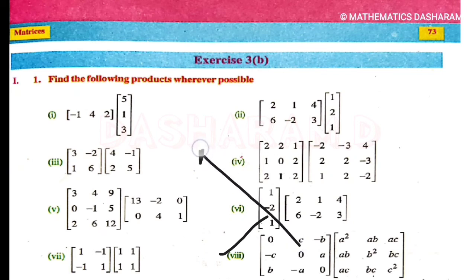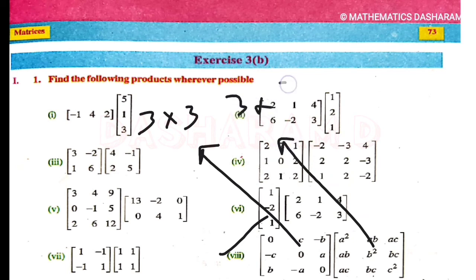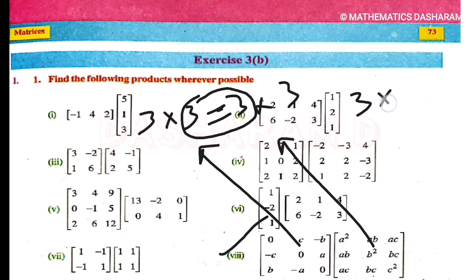Next is the 8th question. The first matrix order is 3 by 3. The second matrix order is also 3 by 3. The number of columns in the first matrix equals the number of rows in the second matrix. So the product is possible, and the answer matrix order is 3 by 3.